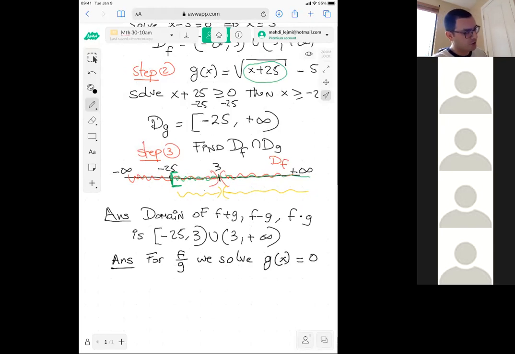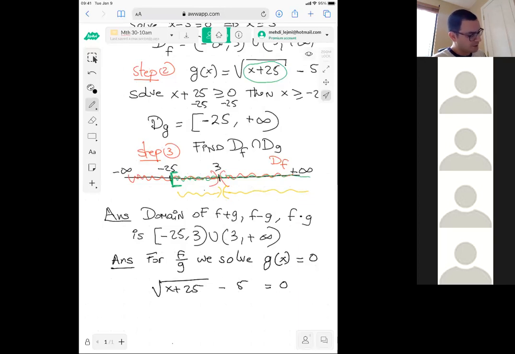So let's see where G of X is 0. G of X is square root of X plus 25 minus 5, equal to 0. So I have to solve this equation here. And then the idea is to exclude the solutions. You have to exclude the solutions from the common domain, and that will be the domain of F over G.